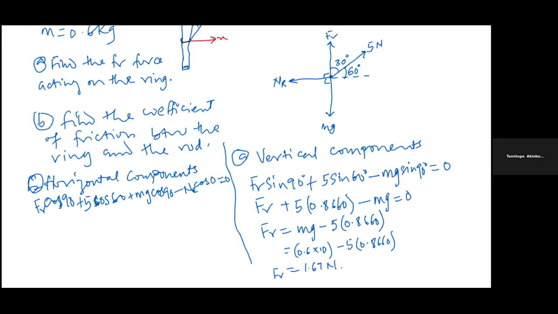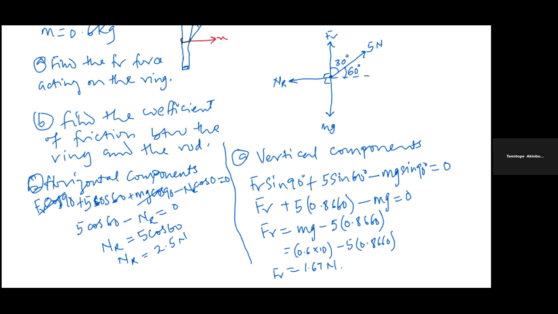Cos 90 is 0, this will go. So we will be left with 5 cos 60 minus NR, because cos 0 is 1, equals 0. So NR will be 5 cos 60. So press your calculator for that: 5 cos 60 is 2.5. So the normal reaction force is 2.5 Newton.